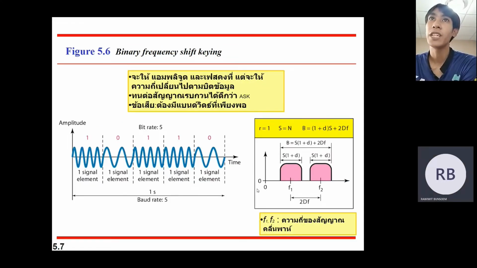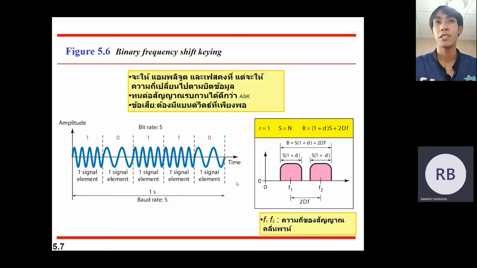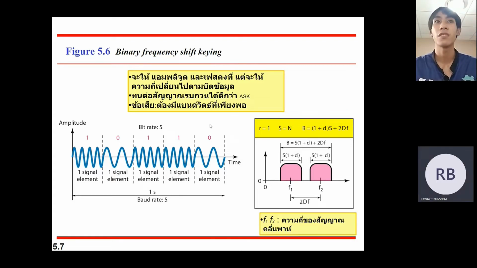Binary frequency shift keying. In binary frequency shift keying, amplitude and phase are not changed, but frequency is changed according to the bit information. Frequency shift keying is more resistant to noise than ASK, and we have bandwidth equal enough.